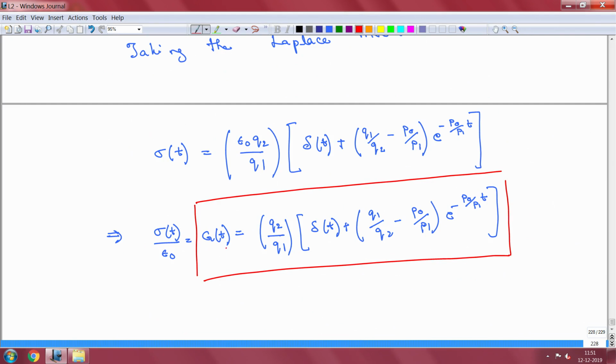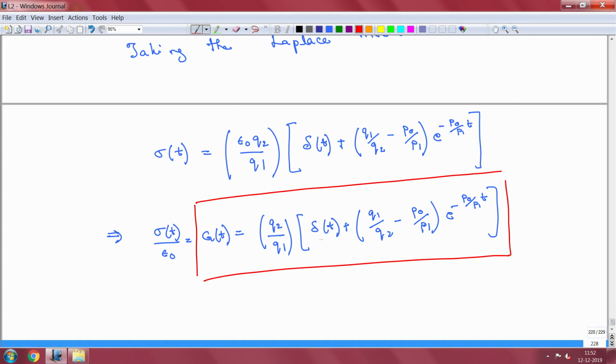The stress relaxation function should decay to 0 at large times. Does this decay to 0? Yes, you can see this is a Dirac delta function, and then you have a term that is exponentially decaying with time. So, this entire form is going to go over to 0. So, this does qualify through our simple sanity check, that this form indeed looks at least correct, and if we have done the algebra right, then this algebraic expression is exact.